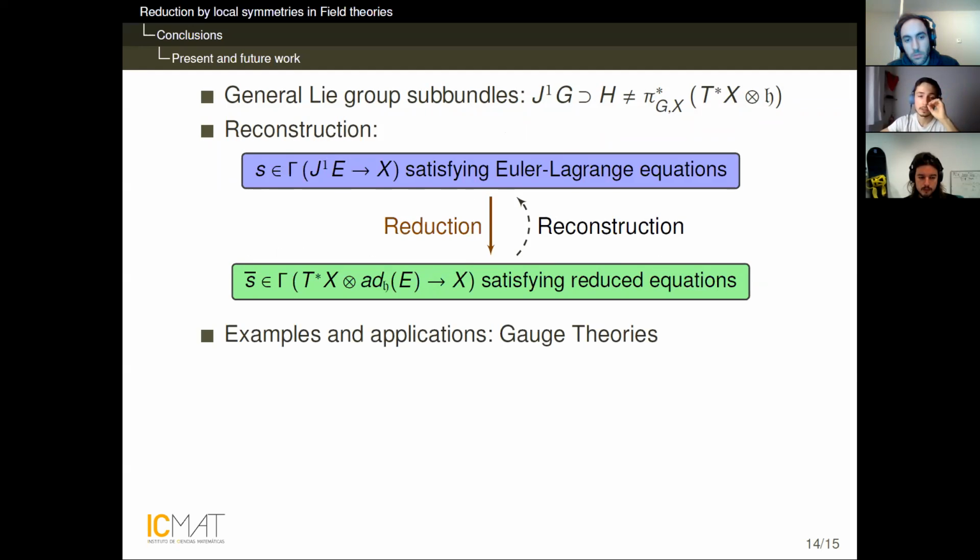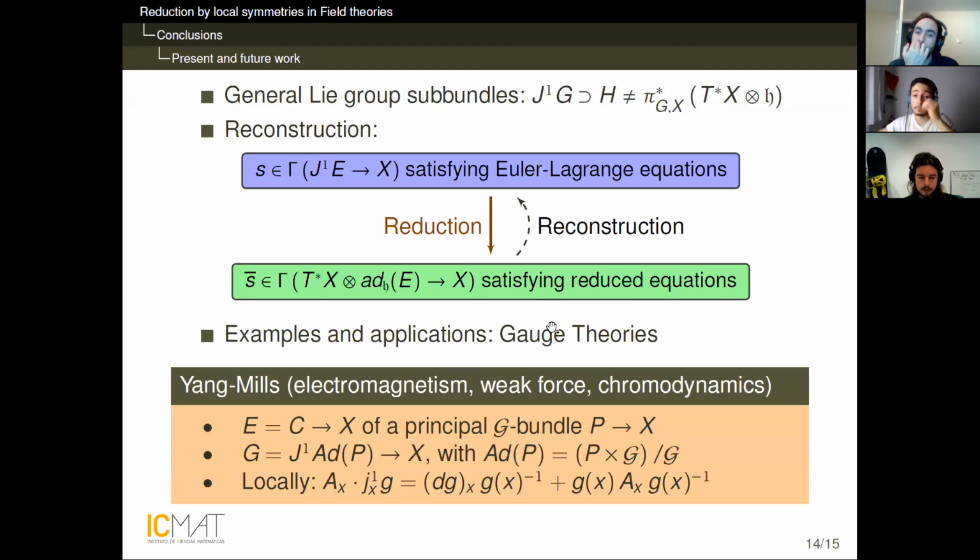And at last, we would like to find applications of the theory. For example, we would like to apply it to gauge theories, and in particular to Yang-Mills theory, which is the one used in the standard model of particle physics. In Yang-Mills theory, the configuration bundle is the bundle of connections of a fixed principal bundle with group structure this calligraphic G. We know that Yang-Mills theory, as any gauge theory, is gauge invariant, as the name states.